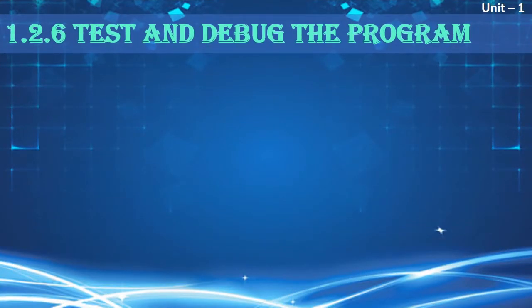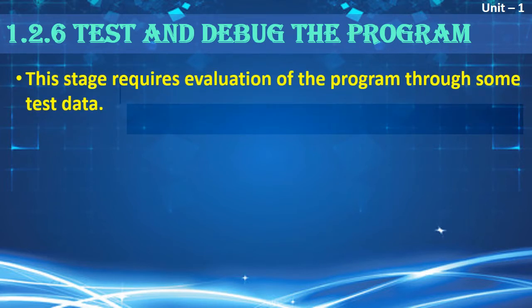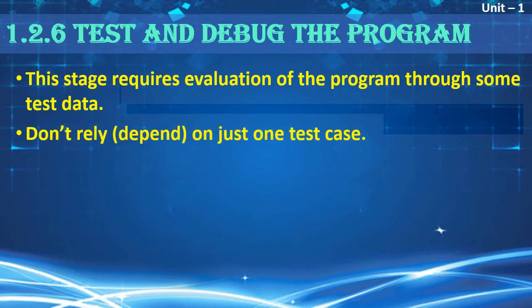Test and debug the program. This stage requires evaluation of the program through some test data. Remember that we have checked our algorithm and flowchart through test data too. So now it's time for checking our program. Don't rely on just one test case.